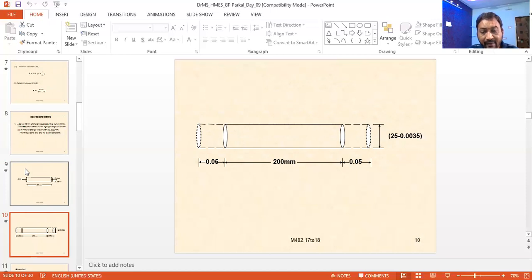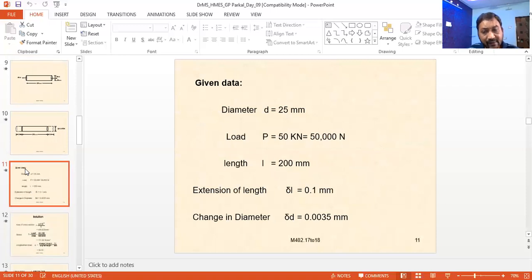Whenever the length increases due to the axial force, the diameter will reduce, and the same is given as the reduced diameter equal to 25 minus 0.0035 millimeters. The same thing is shown in the figure.